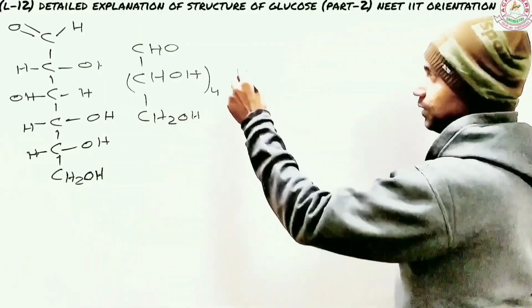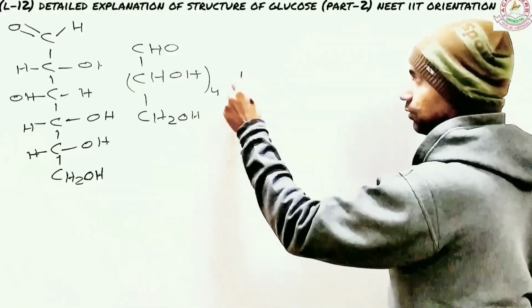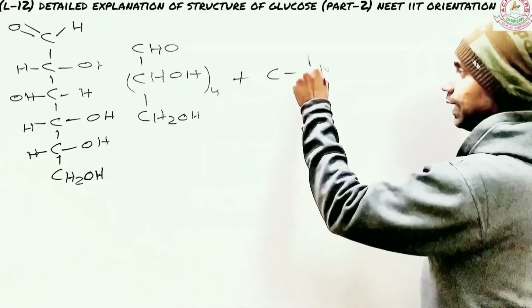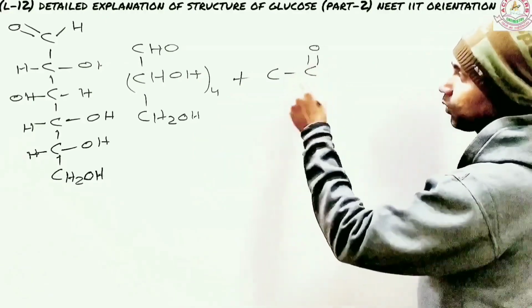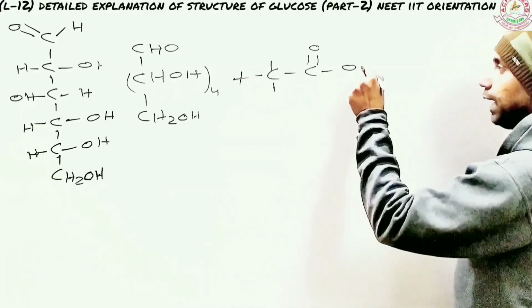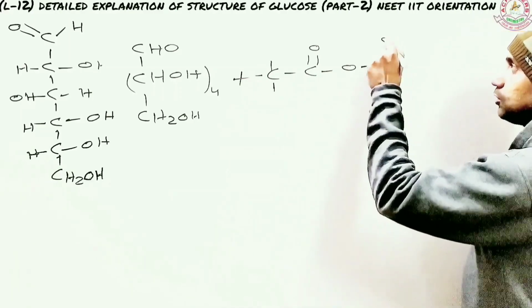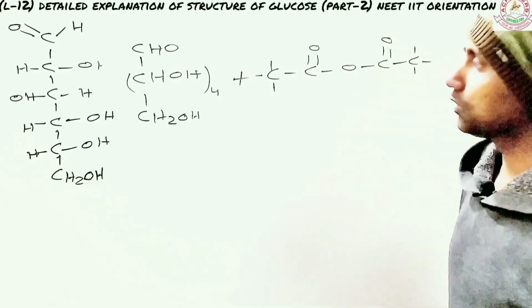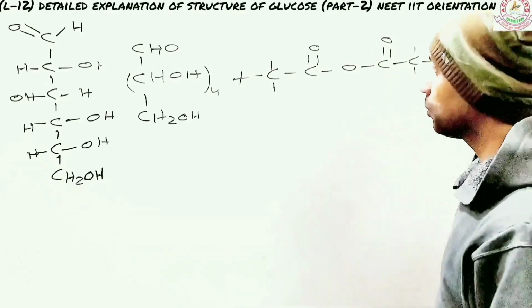Now what I'm doing here, I'm reacting this one with acetic anhydride. Just pay attention, this is really important. So CH3COO, and again CH3COO. So this is your acetic anhydride. This is something very common, as you've been doing this for so long, so you probably know that.